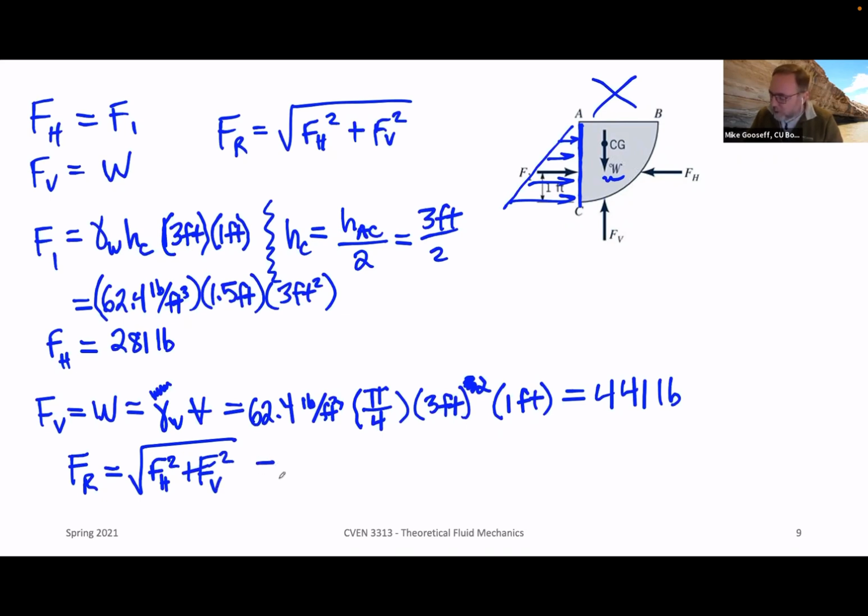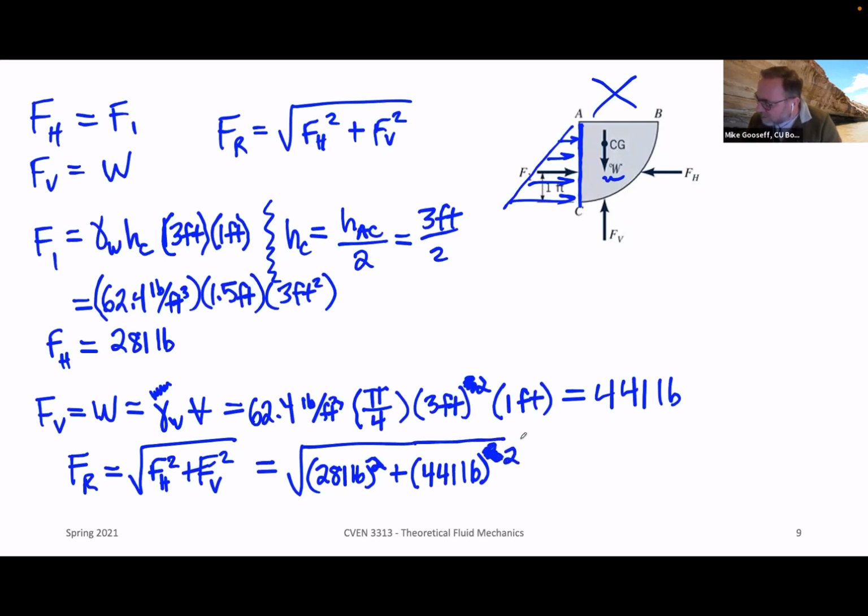We come up with the square root of 281 pounds squared plus 441 pounds squared.